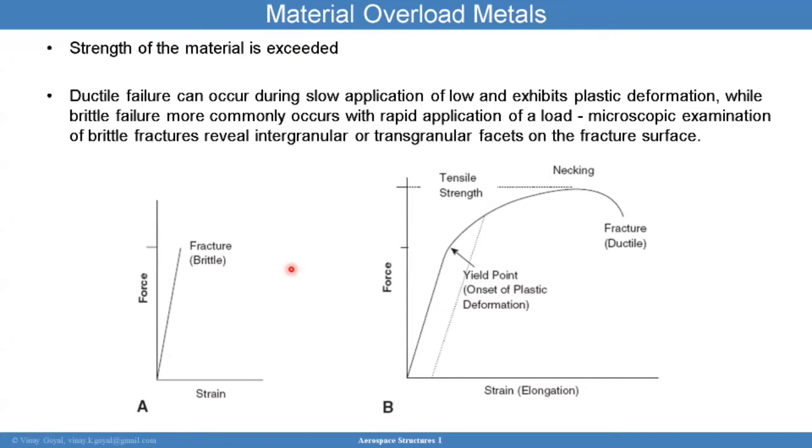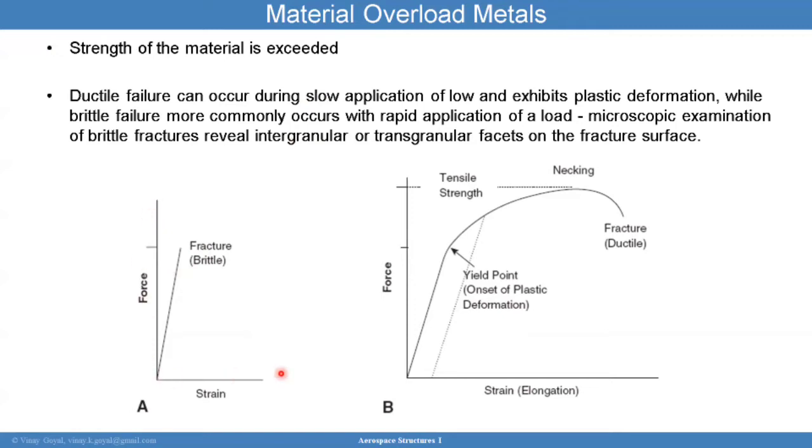Strength of the material is typically exceeded. That's what material overload in metals means. But I want to show you what that looks like when you're looking at a stress strain curve. Here, I'm plotting the force versus strain.